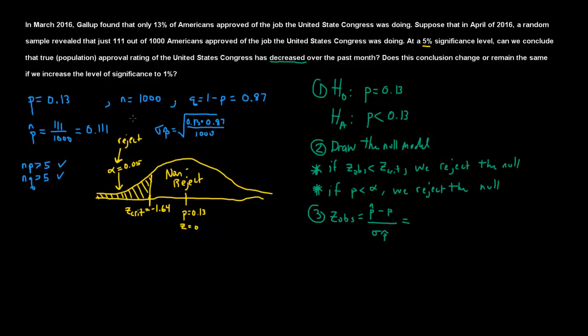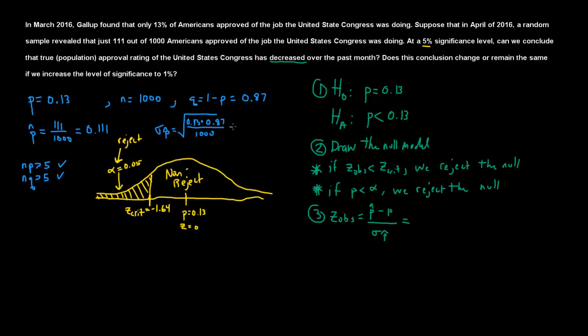We haven't even listed q hat, but q hat would be 1 minus p hat. We use p and q here, so be careful not to accidentally use p hat and q hat, because we're assuming the null hypothesis is true, and p and q pertain to the null hypothesis.